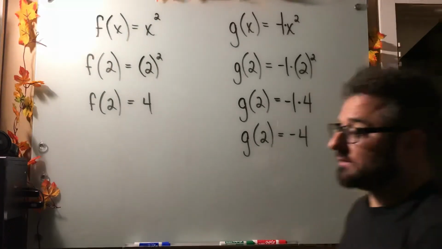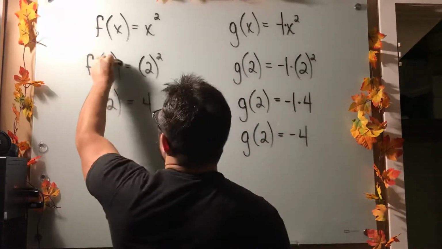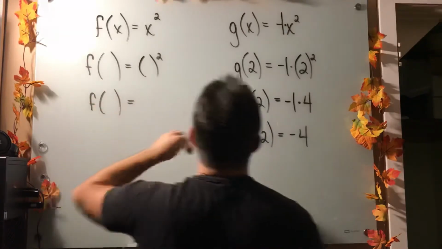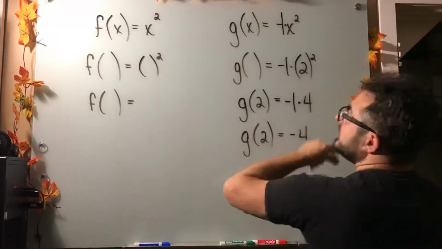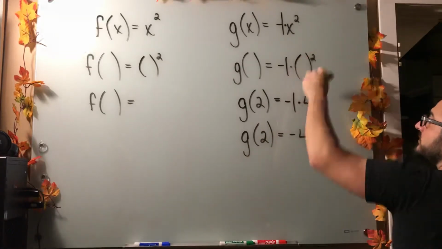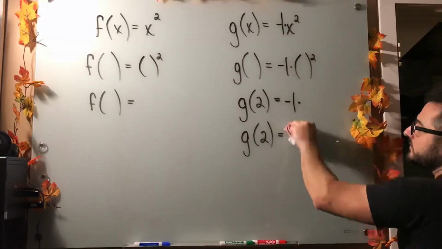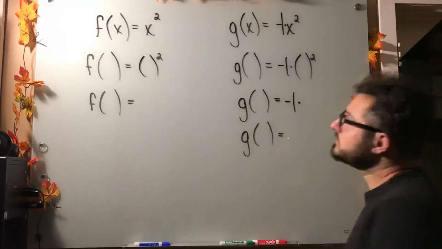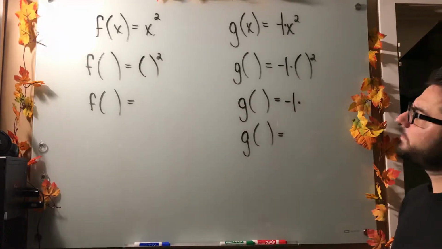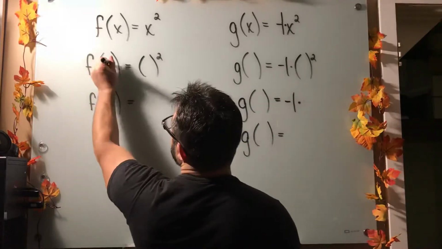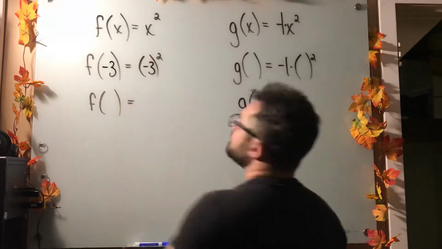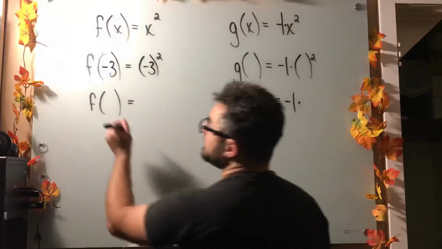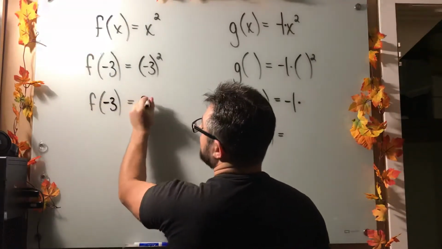Let's look at another value. Again, I can choose any x value I want here because the domain of the original function is all real numbers. Let's choose something negative this time. Let's try -3. -3 squared, -3 times -3 is +9.